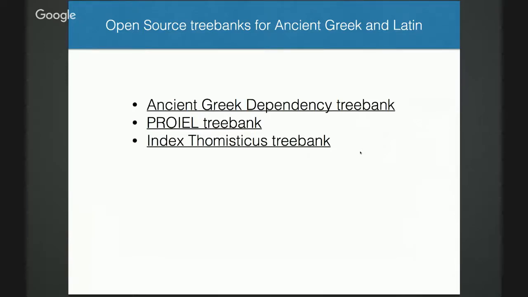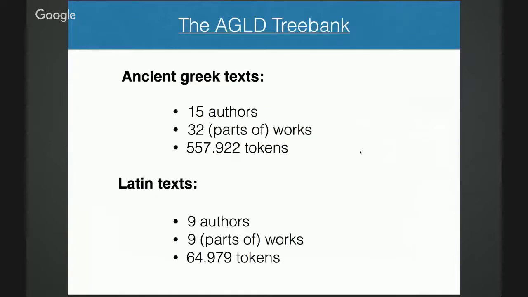But if you are interested only in ancient Greek and Latin, you should also have a look at the Ancient Greek and Latin Dependency Treebank and at the PROIEL Treebank. And if you are also interested in the Latin of Thomas Aquinas, of course you need to look at the Index Thomisticus Treebank.